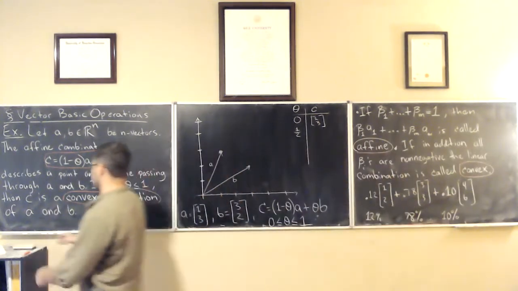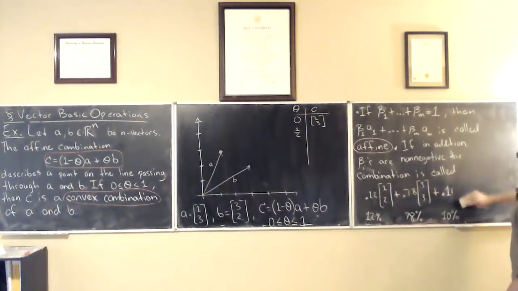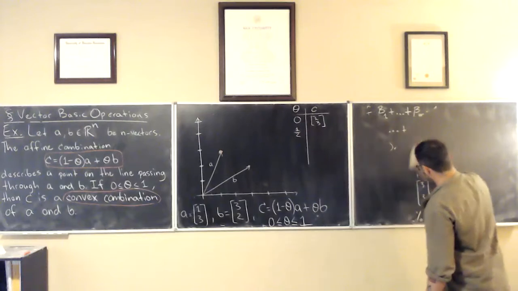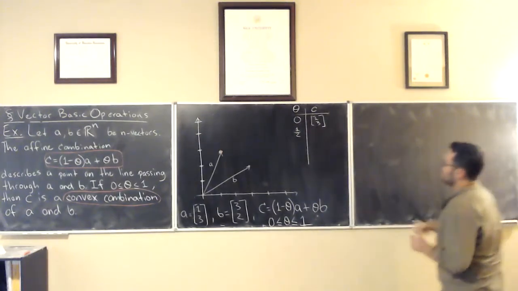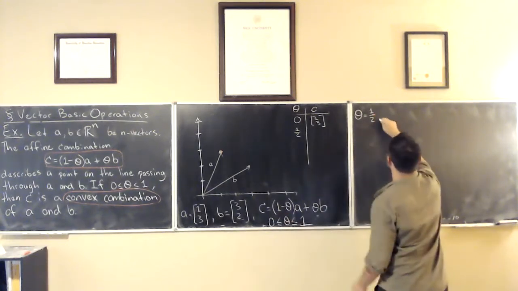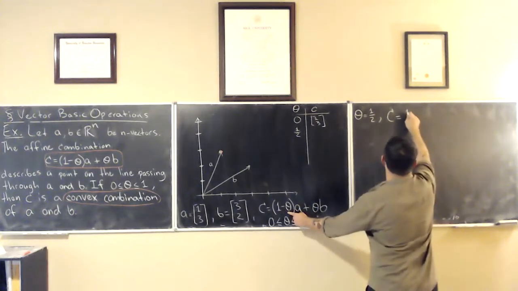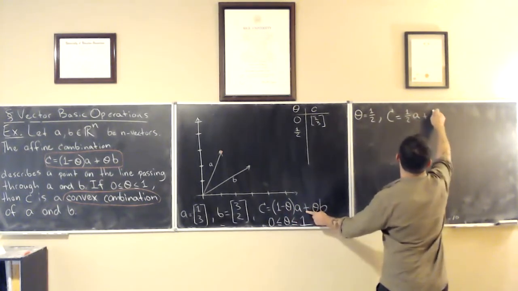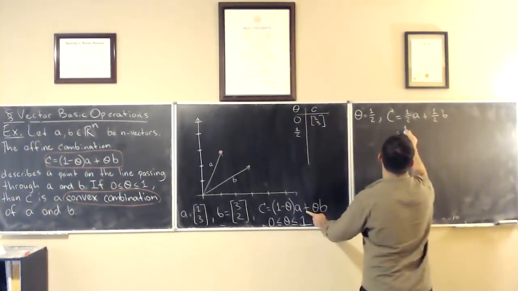What about when theta is equal to a half? I guess we'll work it out over here. We'll need to do some more computations so you can get used to this stuff. If theta is equal to a half, then C is equal to 1 minus a half, so a half times A plus a half times B. What is A?